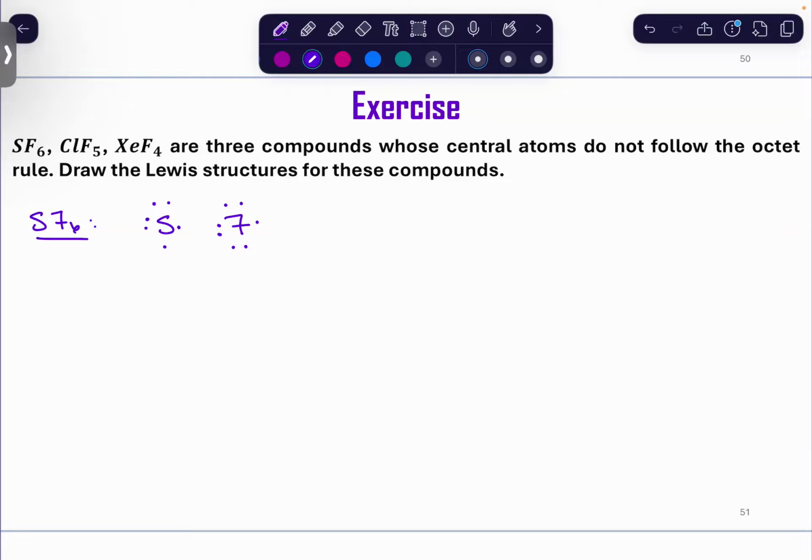So then we're going to get sulfur with six fluorines, 2, 3, 4, 5, 6. And then since each fluorine used that location, sulfur did too, 1, 2, 3, 4, 5, 6. And again, later on, you'll see that that's due to hybridization.